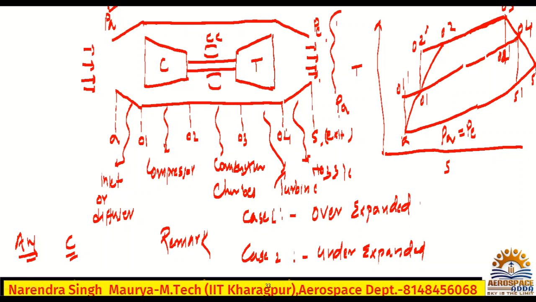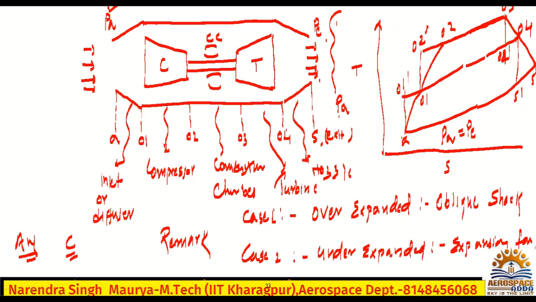In case of overexpanded, always remember you will get an oblique shock. This is very important. They can ask, okay, oblique shock you may get. And underexpanded, expansion fan. Okay, expansion fan. This is very important. For that reason, I have written here.